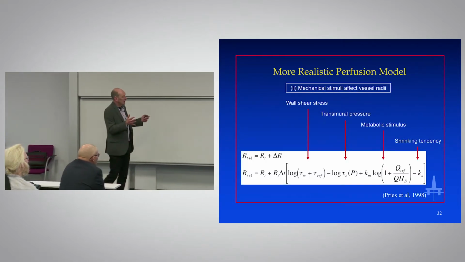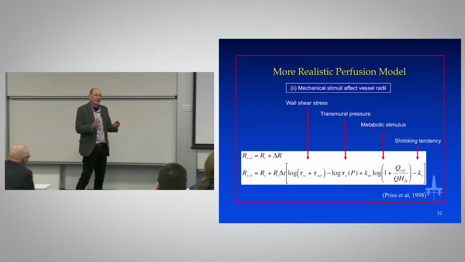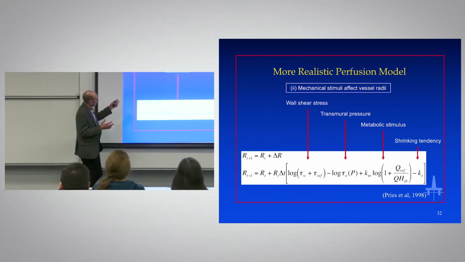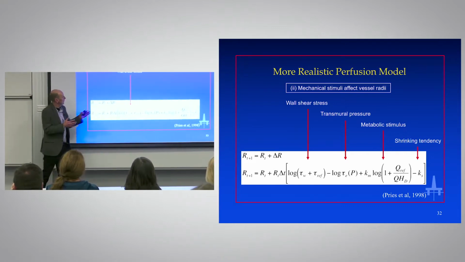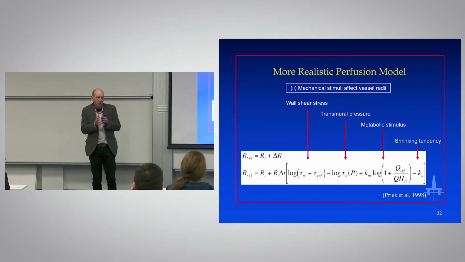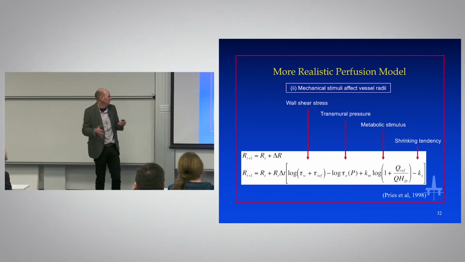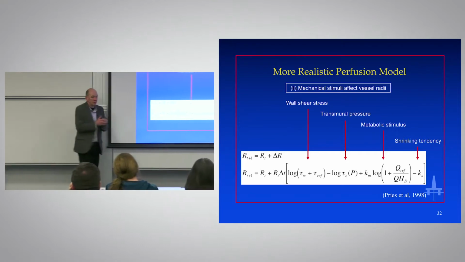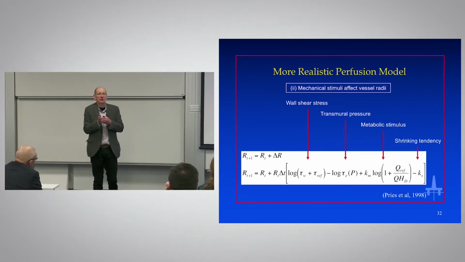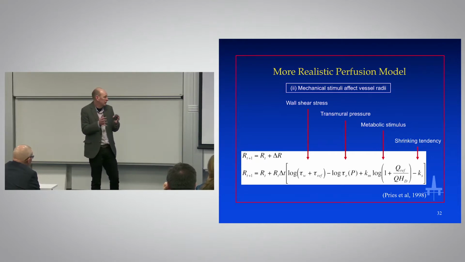The fact that these vessels are not static but they're constricting and dilating needs to be put into the model. And again, this group in Berlin had come up with a model that told us how these radii would adapt depending upon a lot of different stimuli. So there's a wall shear stress, so depending upon the friction at the wall, the surface of the capillary may dilate or constrict.